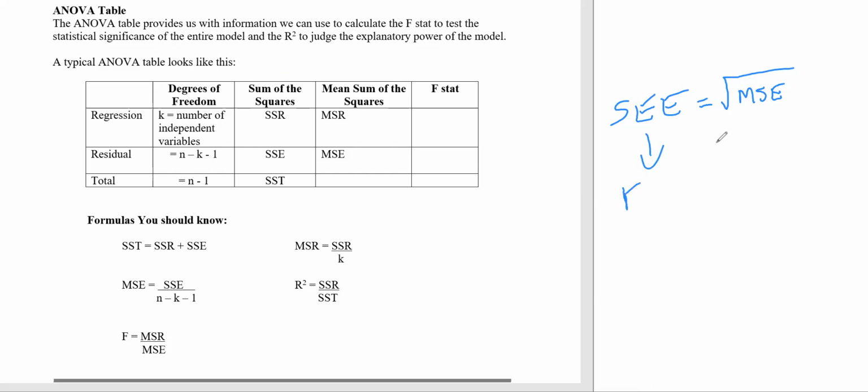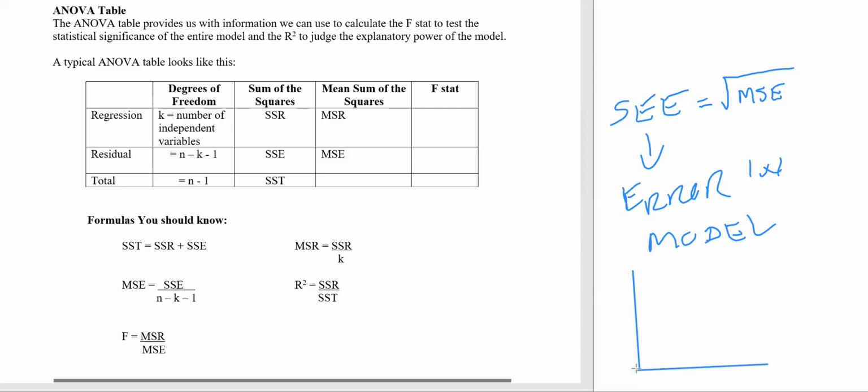And remember, this is the error in the model. What did that mean, the error in the model? Let's draw that model again. Quickly we'll draw this model, and you remember the actual observations, and here's our line of best fit going right through the middle.